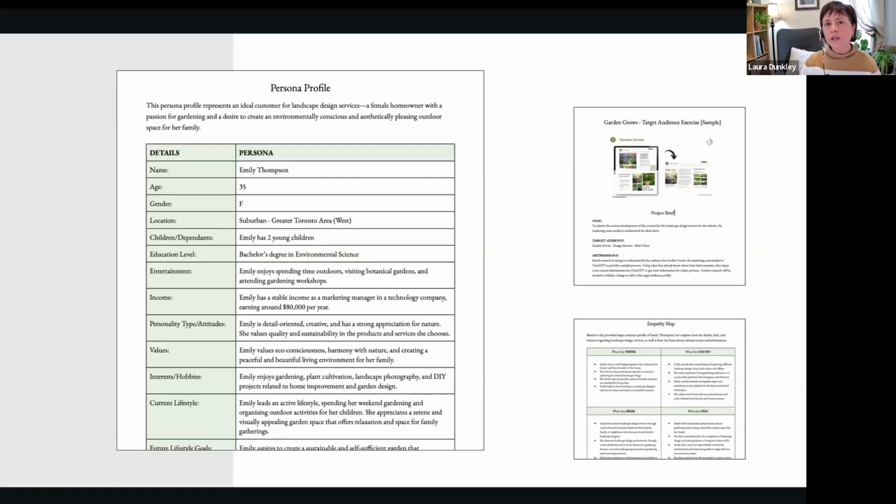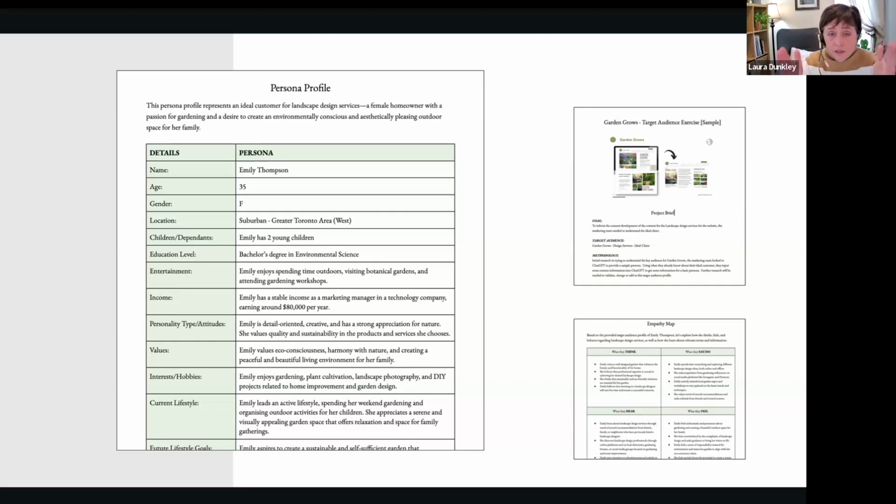It will look very similar to your audience primary and secondary, but now you're giving this person a real name. So for the example here, we just called her Emily Thompson, age 35. Now in the audience segment, the primary and the secondary, we gave an age range. This persona is more specific.